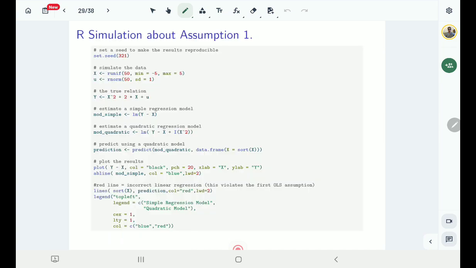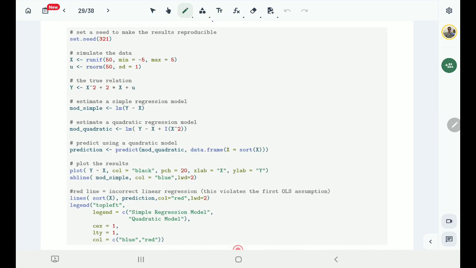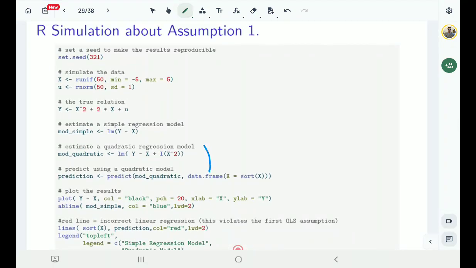Now let's have a look at our code chunk. First, we are going to set a seed for reproducibility, so you can reproduce the results. If you set the seed of the random number generator to 321, we suppose x is uniform between -5 and 5, and we draw 50 such random numbers from the uniform distribution.